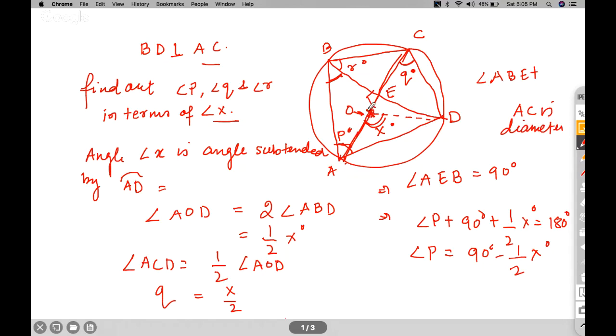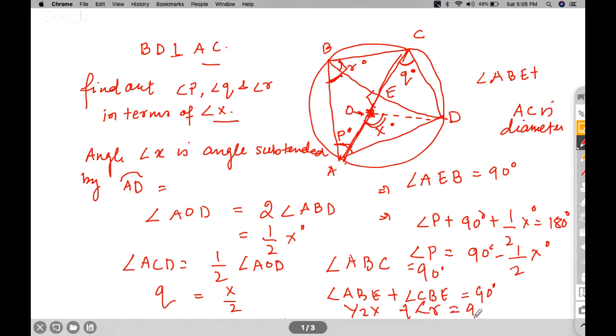Because center O falls on it, and if it is a diameter, this angle would be 90 degrees. So I am writing here angle ABC is equal to 90 degree, and angle ABC is angle ABE plus angle CBE, and that is equal to 90. Now you know this angle ABE is 1 by 2x. So angle CBE, which is angle R here, is equal to 90 degrees minus 1 by 2x. So angle R is 90 degree minus 1 by 2x degrees. So that is how this has to be done.